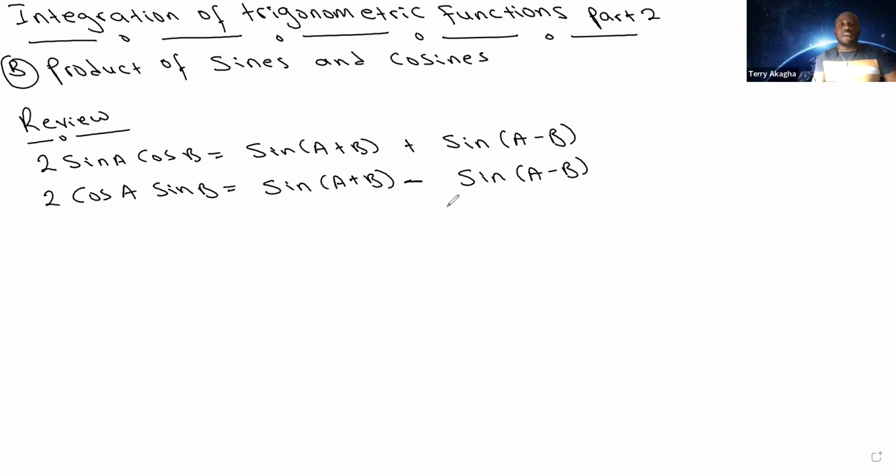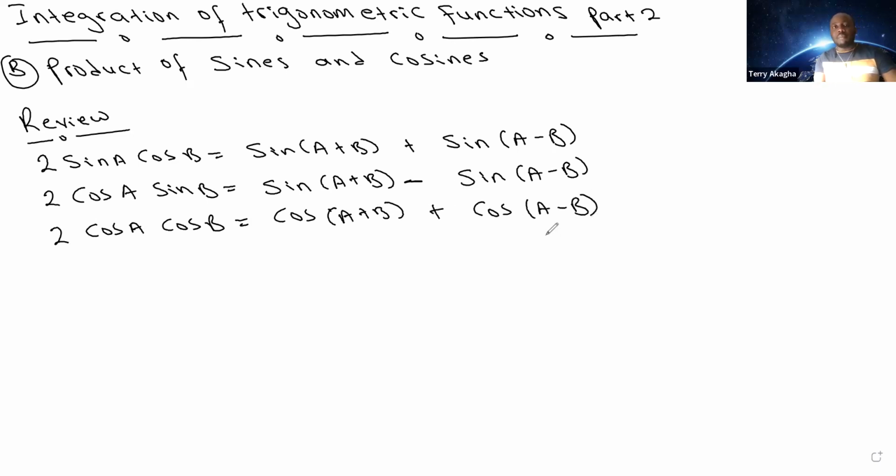Then the second one we have is if they are all the same, so if it's 2 cos A cos B, that will give you cos(A plus B) plus cos(A minus B). Then the last one I'm going to talk about in this video is 2 sine A sine B, and this is the same thing.